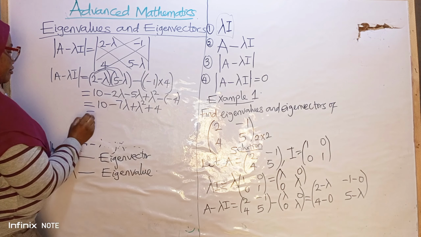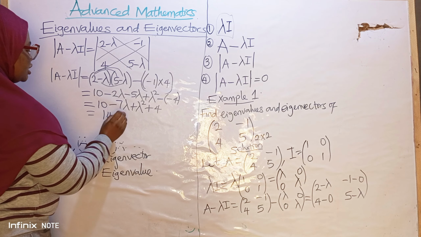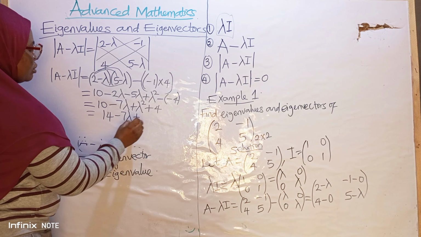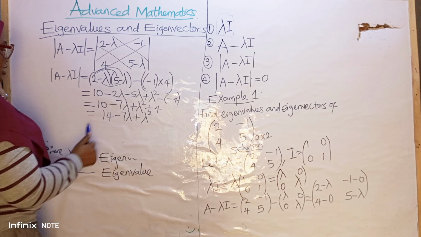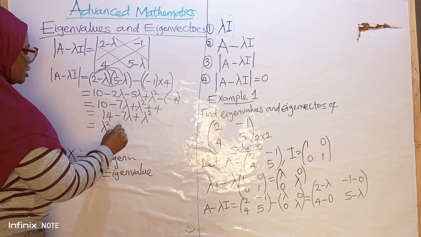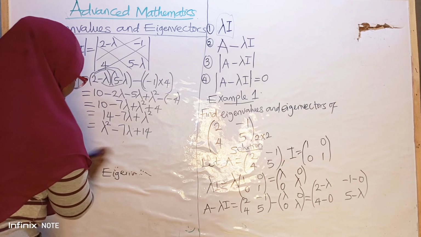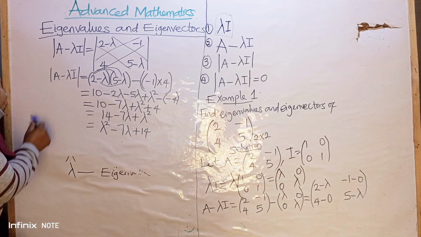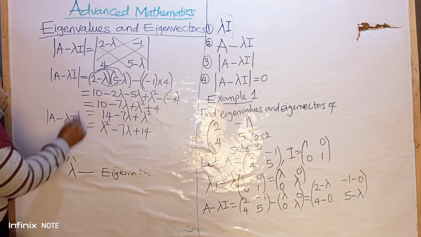So here I have 10 plus 4, that is 14, minus 7 lambda, then plus lambda squared. Let me rewrite it. This will be lambda squared minus 7 lambda plus 14. So here is my determinant of A minus lambda I.